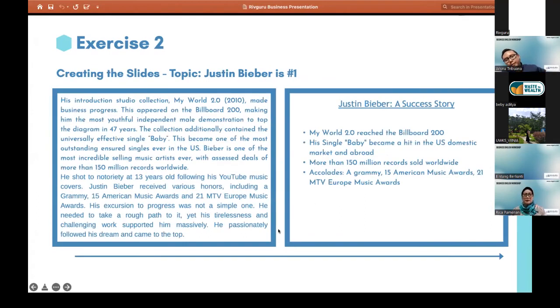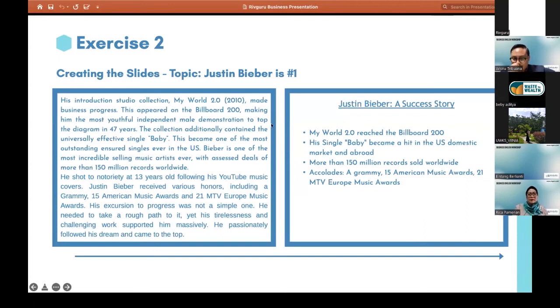Okay, exercise 2. These two slides, one on the left and one on the right. Which one looks better, and can anyone say why? Any guesses?